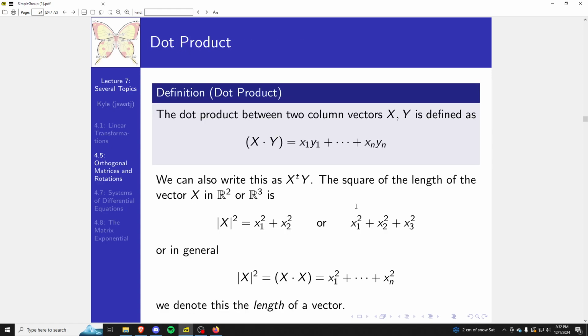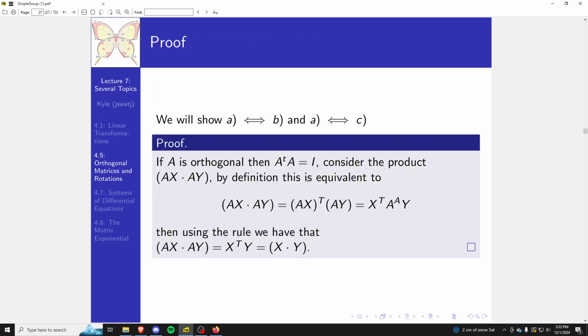Back on this slide here, we can write this as transpose times the other column vector. There's a rule being applied here, which is that if we take a transpose of the product of two, I want to say matrix and vector, we swap places. And I think this is a result that's in linear algebra.